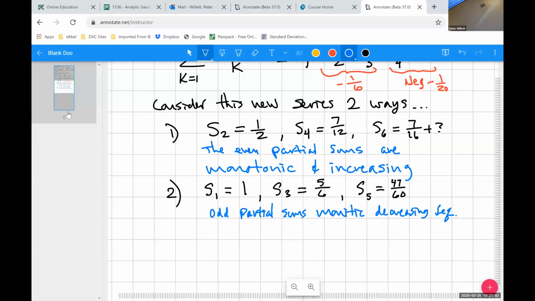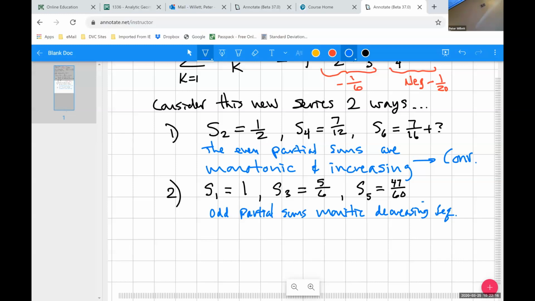These individual examinations of the partial sums with the odds and the evens mean that each of these must converge to a value. So think of it this way. The even partial sums are bounded above by a 1 and below by a 1/2, and they are monotonic and increasing. So if they're monotonic and increasing, they converge, because we had a theorem that told us that any monotonic bounded sequence converges.